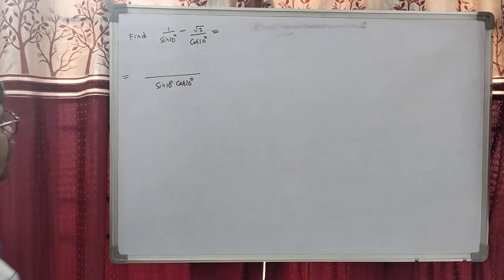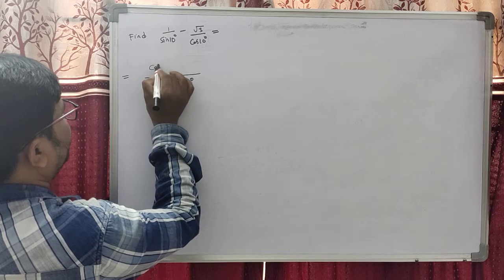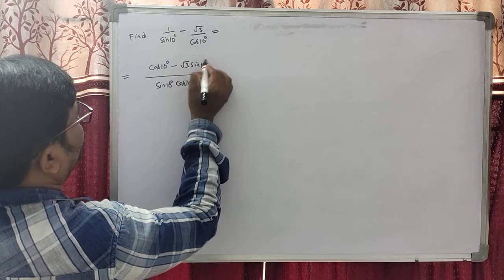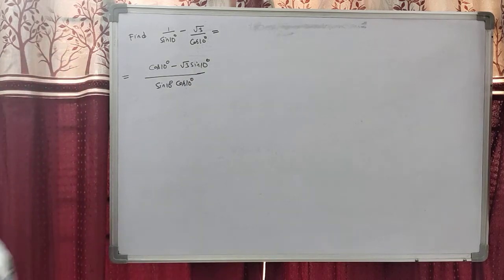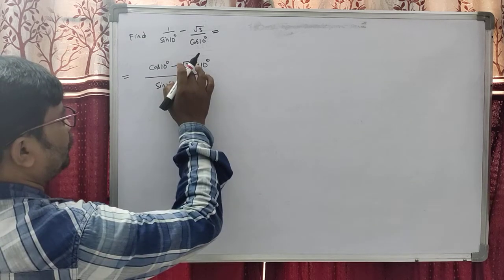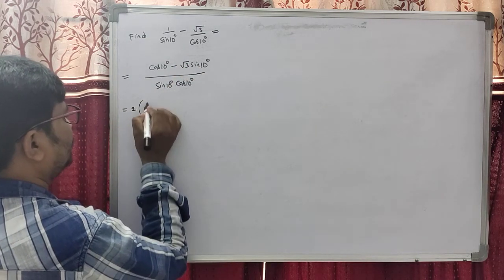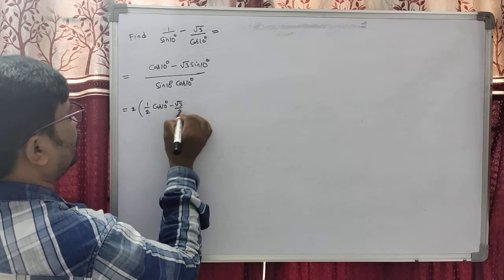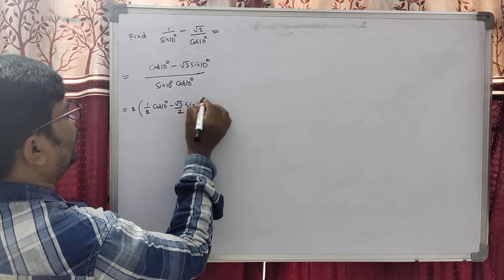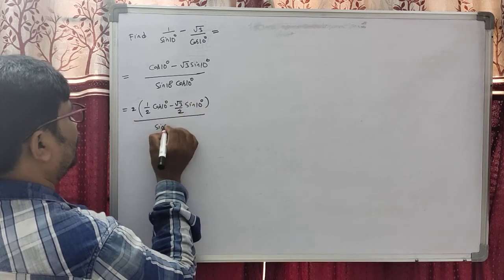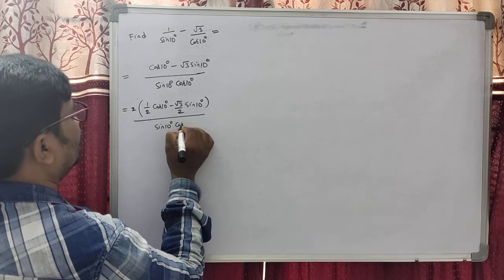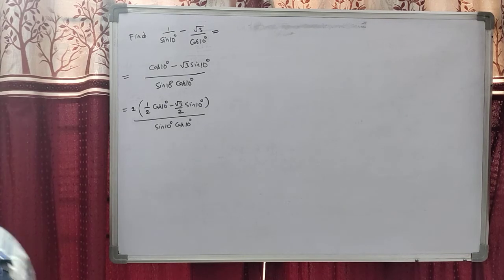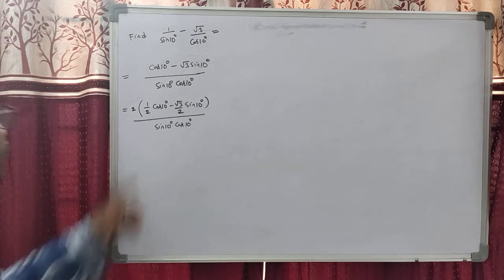So now this is cos 10° into 1, minus root 3 into sin 10°, upon sin 10° cos 10°. Then we write 1 by 2 cos 10° minus root 3 by 2 sin 10°. Do you understand, students? In this step we have to take 2 by 2.